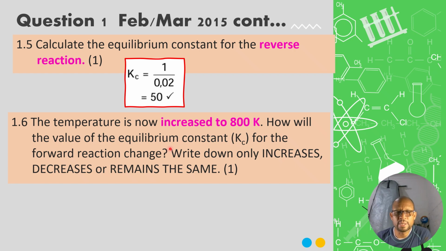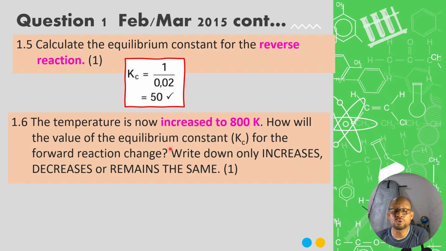1,6, let's look at this particular question. The temperature is now increased to 800 Kelvin. Remember, the temperature was 721 Kelvin. It is now increased. Temperature is the only factor that affects the equilibrium constant. So an increase in temperature is going to affect the equilibrium constant, but it doesn't mean it's going to increase the equilibrium constant.